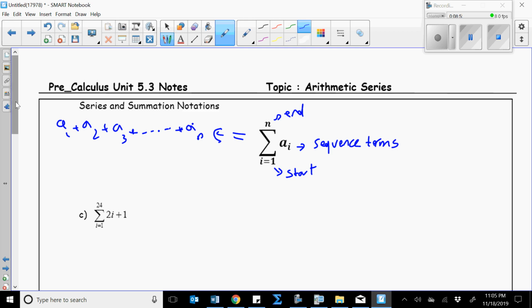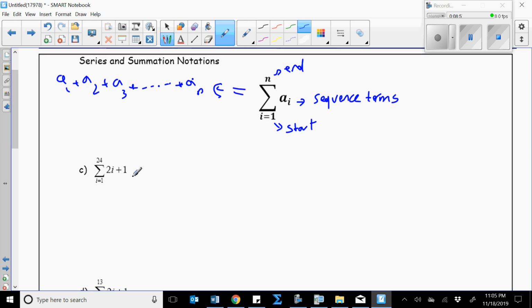So let's do this example here. I have a summation here, i equal to 1 to 24, and the sequence term is 2i plus 1. So I can go ahead and expand this, but I don't need to expand all the 24 terms. I can do a few from the first and maybe 2 or just the last one of this series.